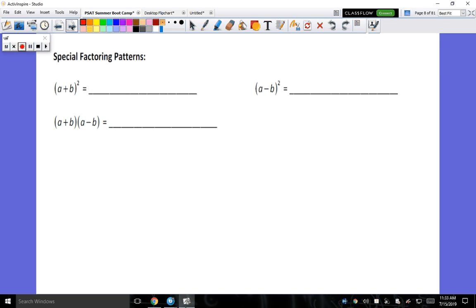And what we just did with that FOIL method, which one of these 3 did we do? A plus B squared. Is this a sum of squares? No. Because a sum of squares, if it existed, could look like this.